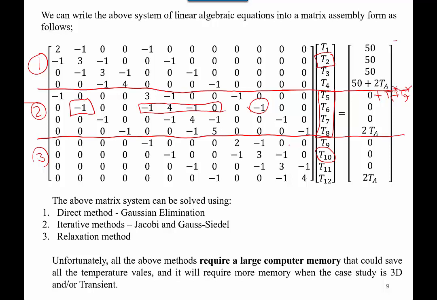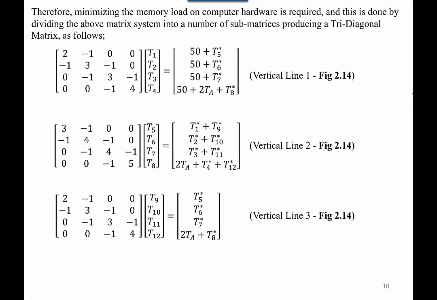Therefore, we will write here minus minus 1 multiplied by T10, that means here plus T10 star. And when we check it, we see that it is the correct answer, T2 star plus T10 star.